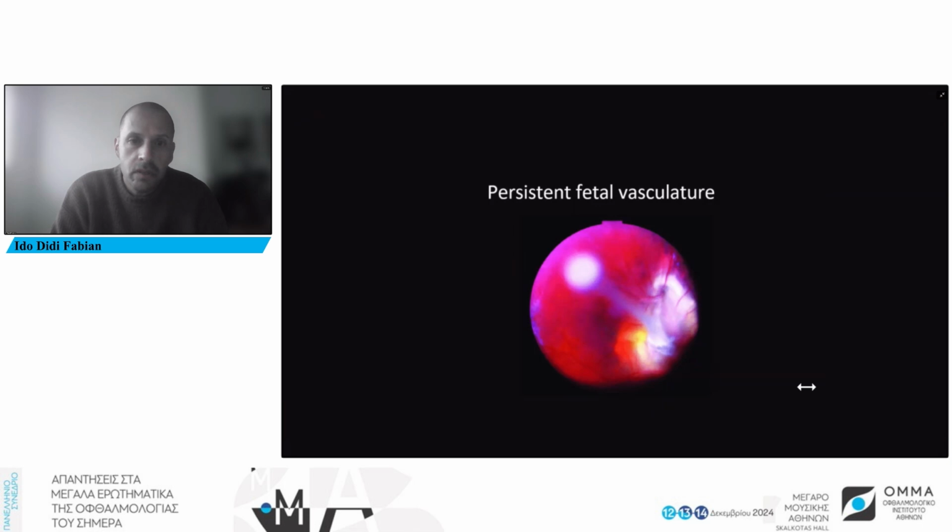So persistent fetal vasculature is a rare congenital eye anomaly from incomplete regression of fetal ocular blood vessels. Usually it involves only one eye, rarely two eyes. It can involve different parts of the eye: the lens, the retina, the vitreous, often leading to visual impairment.